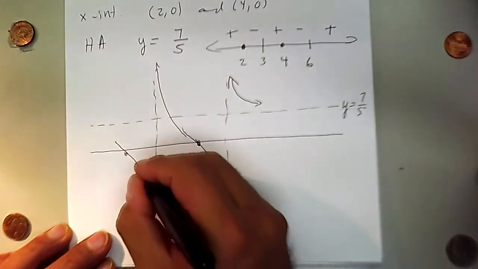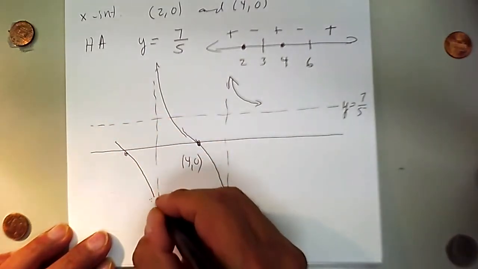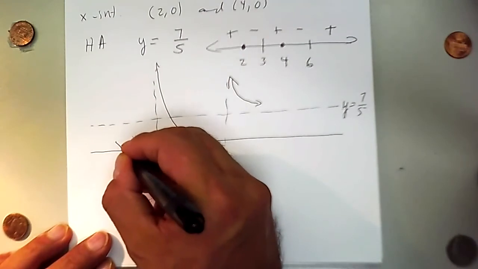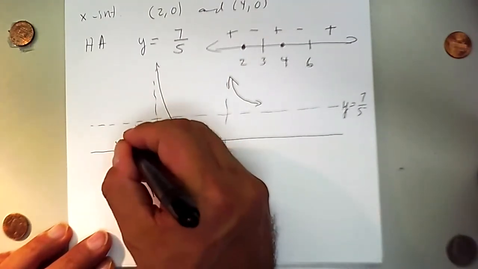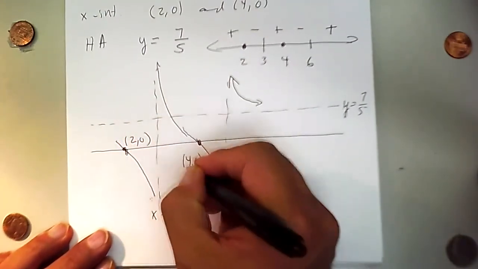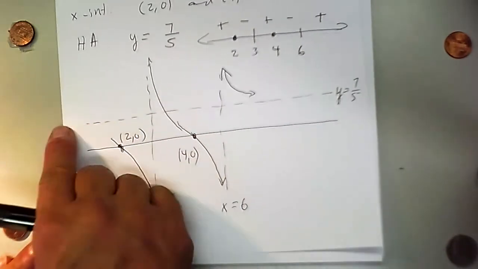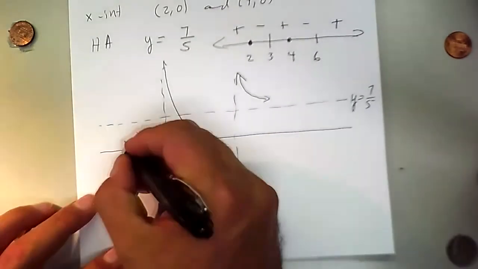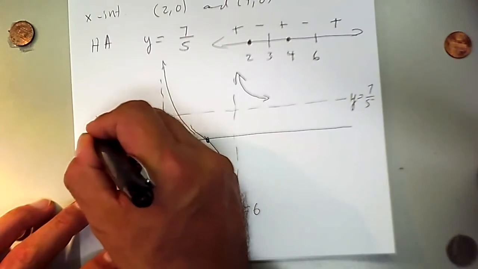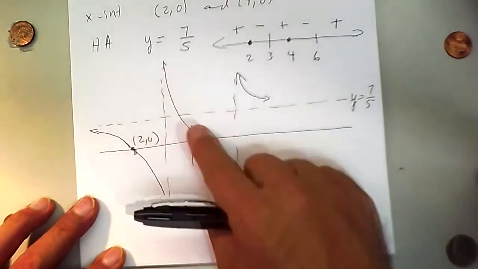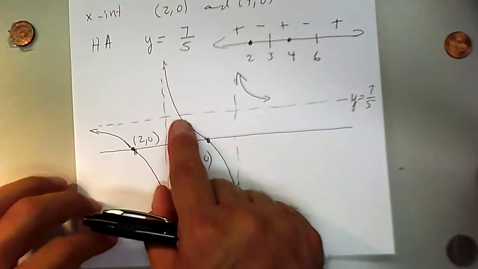See, because I want this line to be smooth, I draw it first, and then once I see where it crosses, that's what I'm going to label as 2. But then we got to follow this asymptote. So we get closer and closer without touching it in this case, but here we do cross it.